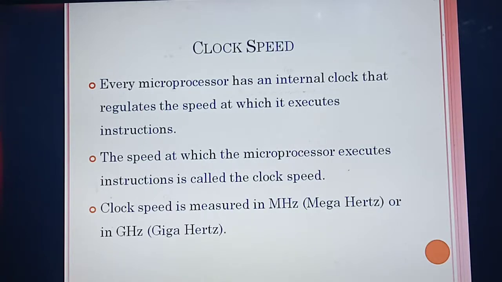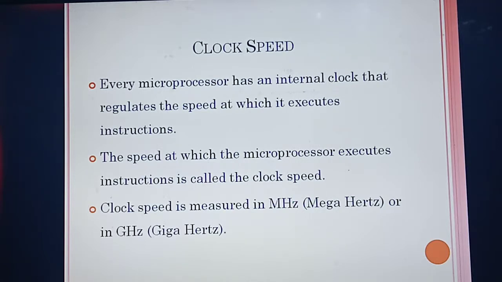All the commands are executed as instructions. First it executes the first instruction, then the second instruction. Each microprocessor has an internal clock, and this clock regulates the speed at which the instructions are executed.